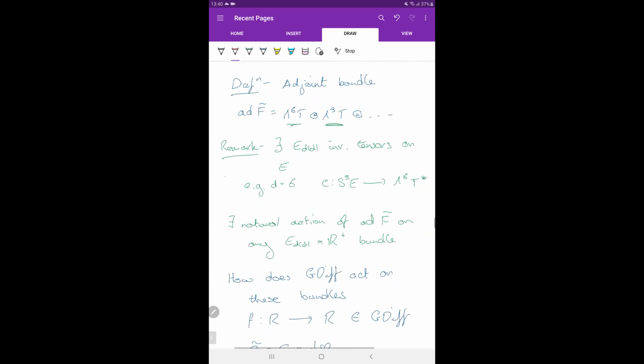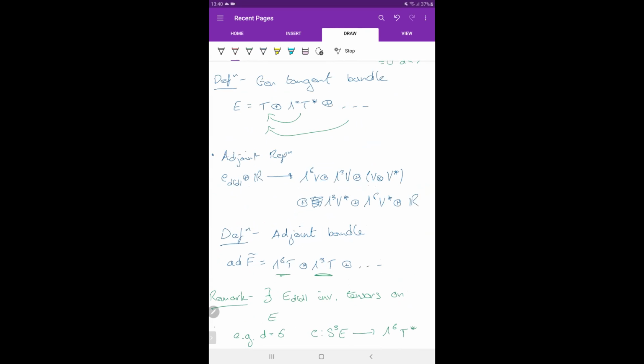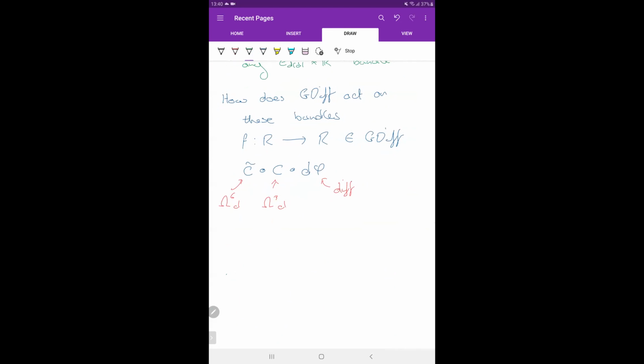And looking back at the adjoint bundle, let's find the form of it here, we'll notice we have a sort of GLD piece here, and we have 3 forms and 6 forms here. And so this naturally acts as an EDD cross R plus factor on fibers. So it plays well with the group structure. Everything works nicely.